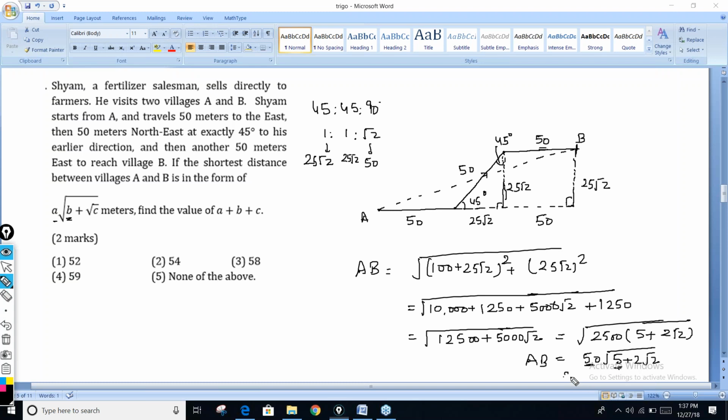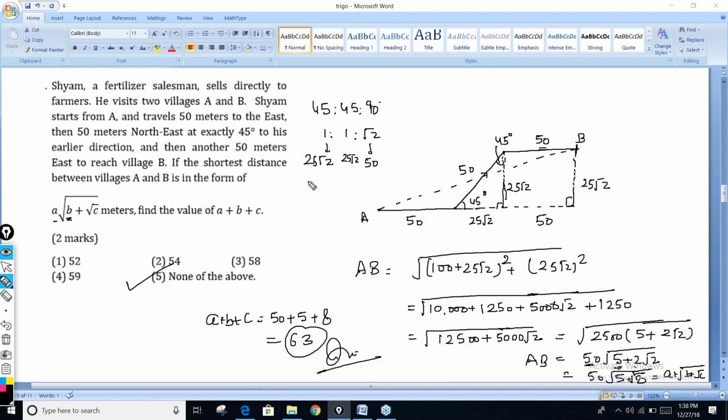So what is 2 root 2 in root? I'll take this 2 inside the root. So that becomes 4. 4 into 2 it's 8. So now it comes in the form of A plus root B plus root C. So what is the value of A plus B plus C? The value of A plus B plus C is 50 plus 5 plus 8. The answer comes out to be 63. That is the answer. So answer is none of the above.